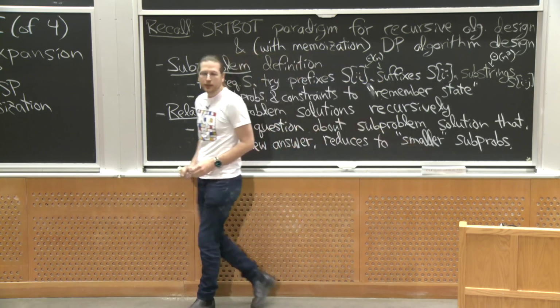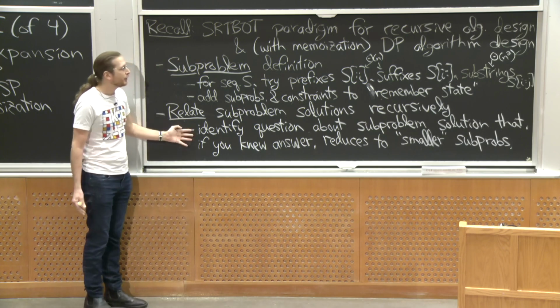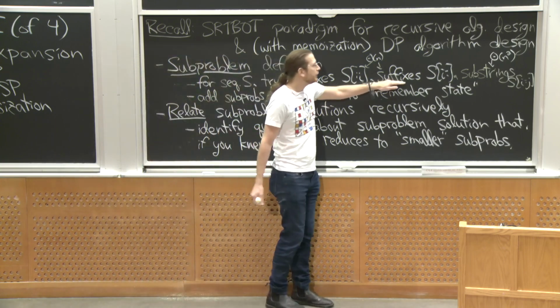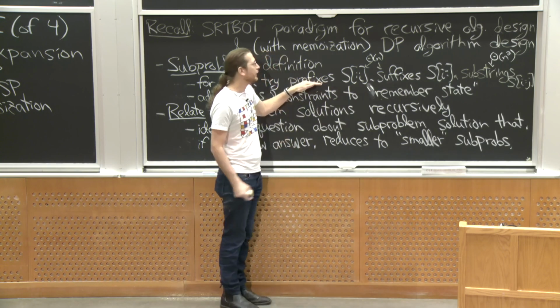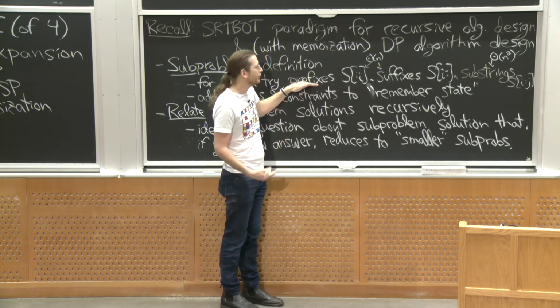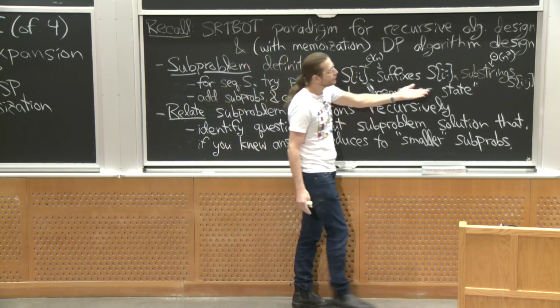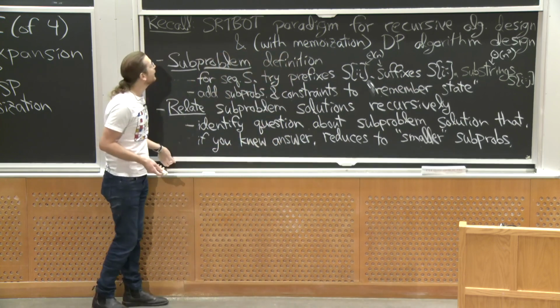And so this question is some fundamental aspect of a solution. Typically, when you're dealing with suffixes, you want to ask some question about the first item, s of i. When you're dealing with prefixes, you want to ask a question about near the last item, s of i minus 1. And for substrings, who knows, somewhere in the middle. We'll see an example of that today.